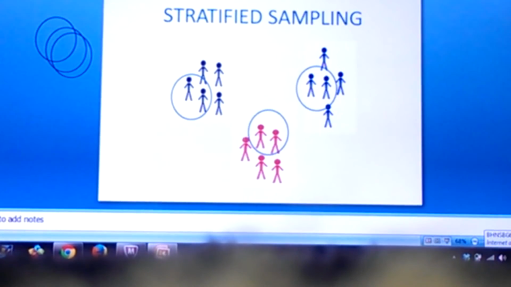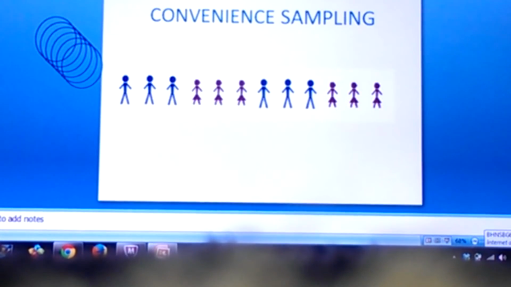Now, the next sampling technique that I am going to talk about is convenience sampling. Convenience sampling is for those who are basically lazy. So we'll use the same scenario. You wanted to find out, again, how many people within the city of Birmingham enjoyed reading.